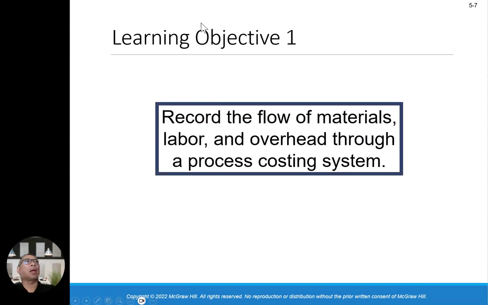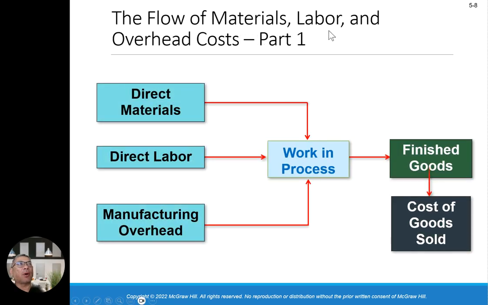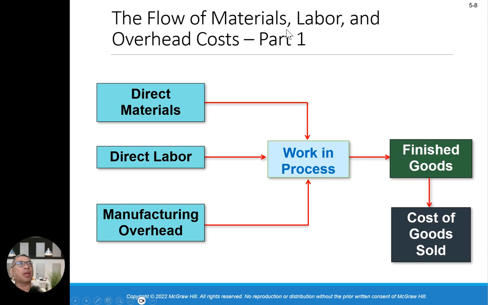Learning objective number 1. We must record the flow of materials, labor, and overhead through the process costing system. How are you going to do that? Look at the flow of material, labor, and overhead costs in part 1. So you have direct materials. For example, in making samosa, you're going to need flour, sugar, salt, and other spices.